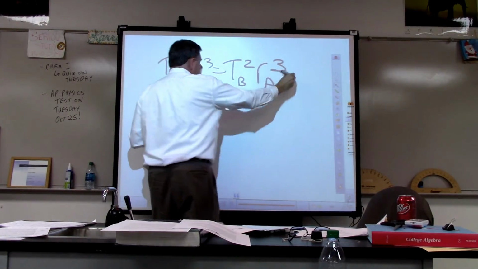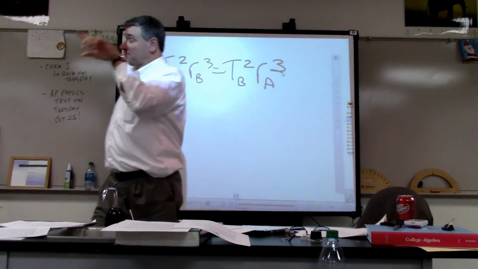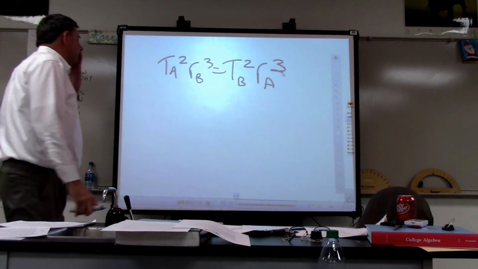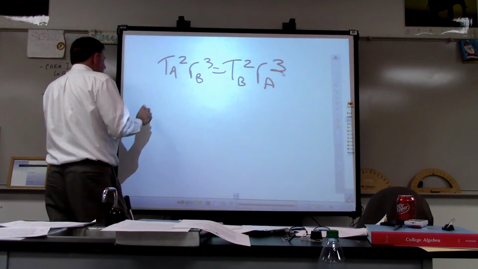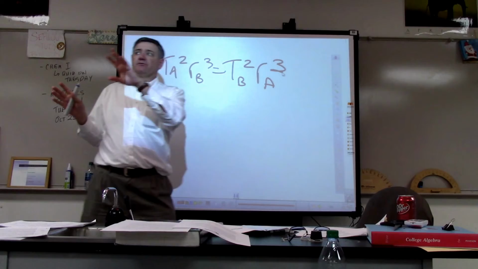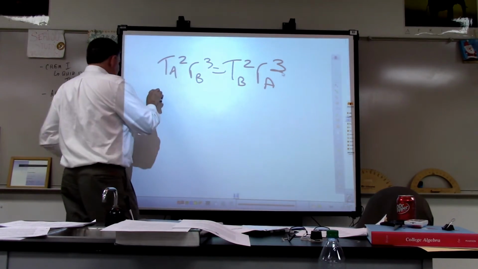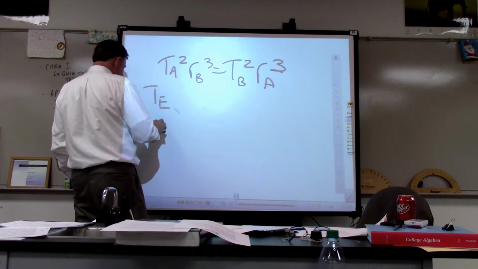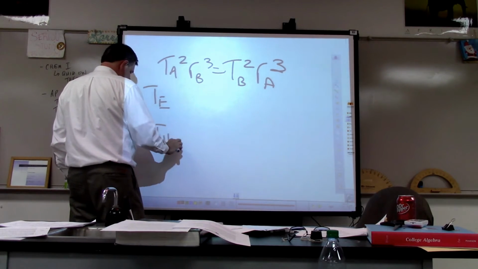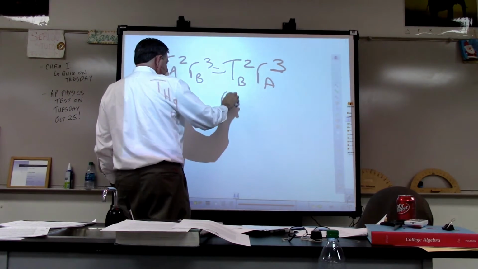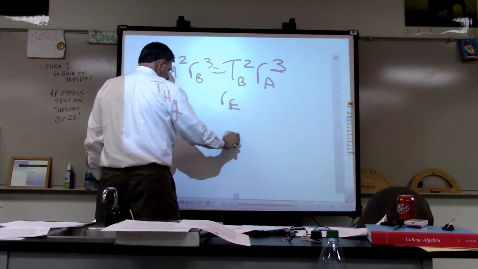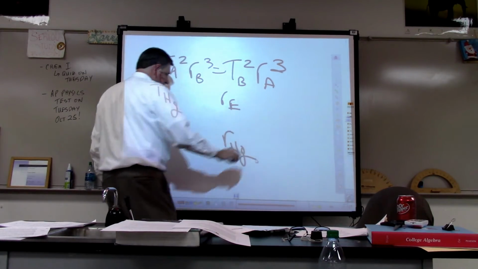Now, here's where Kepler got really, really clever. He says, wow, okay, I got all this happening. So let's say that we want to compare Mercury and the Earth, for example. So we've got the period of the Earth, we've got the period of Mercury, we've got the radius of the Earth, we have the radius of Mercury.